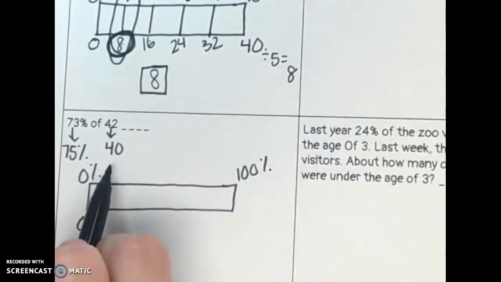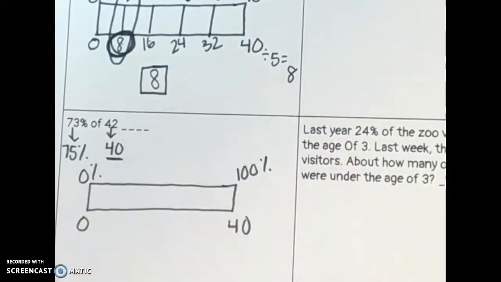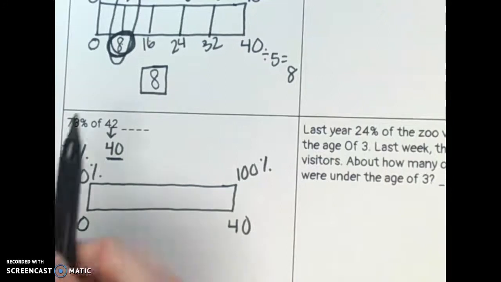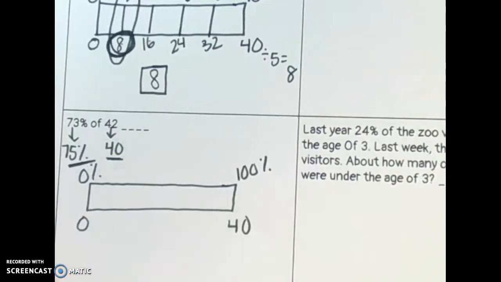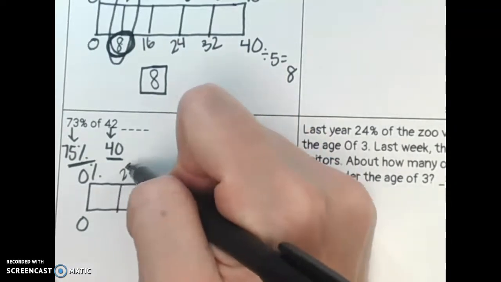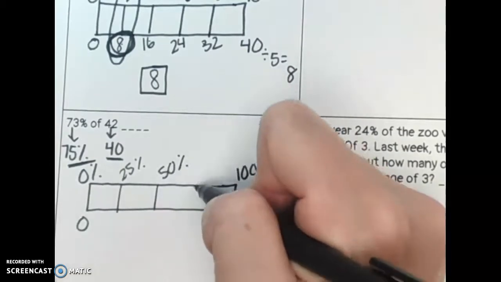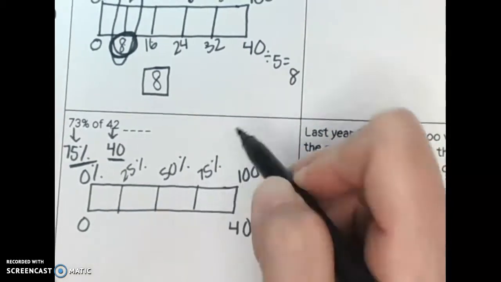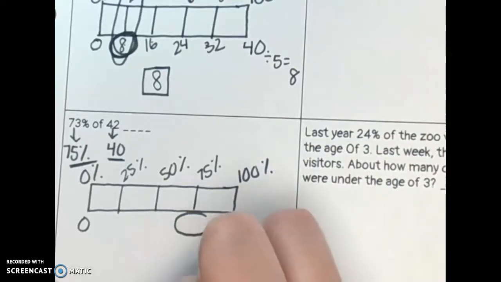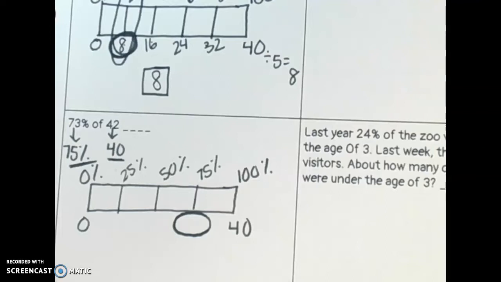And below 100%, we're going to write 40 because that's the number we have. Now, we need to count by something that gets us to 75%, but also 100%. And if we think quarters, that will help us. So we have 25%, 50%, and 75%. And we want to know what number is at 75%. So I'm going to put a circle there so you know whatever number gets there is our answer.